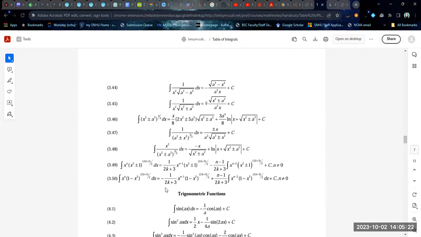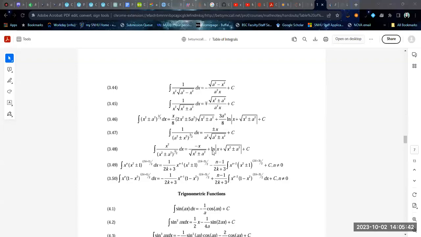Not really sure why this formula seems to be in here twice, but oh, it's the difference in sign. So I'm not finding what I'm looking for, and we're going to go back to our regular rules and finish it by substitution.